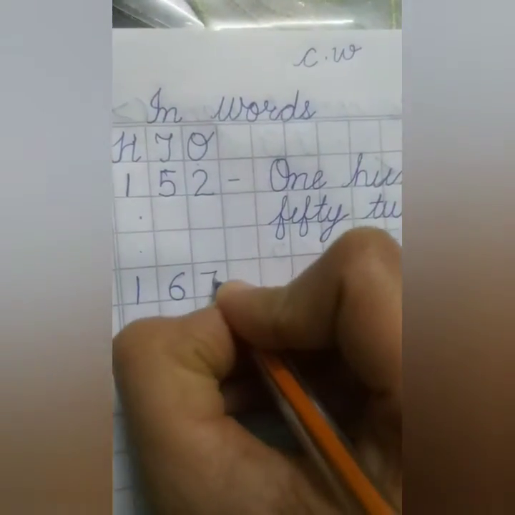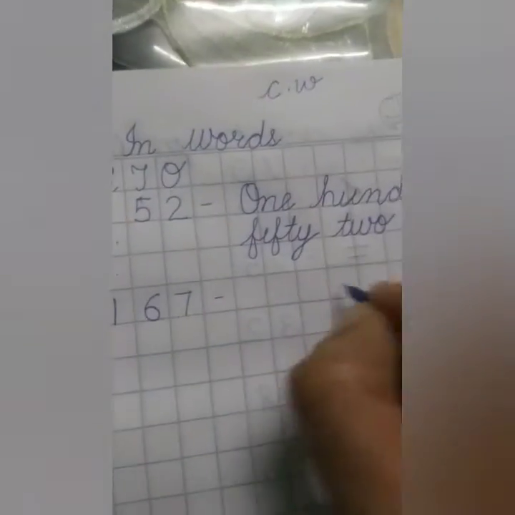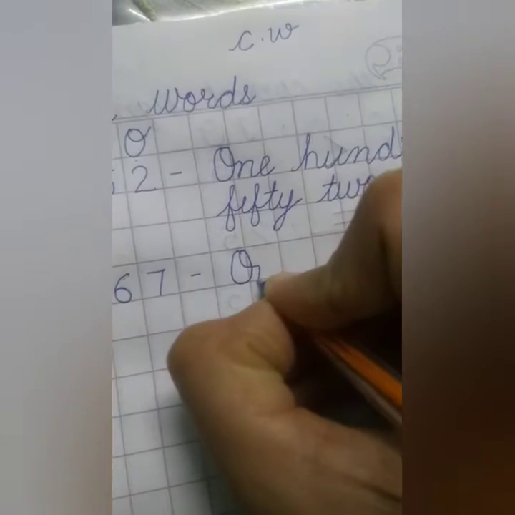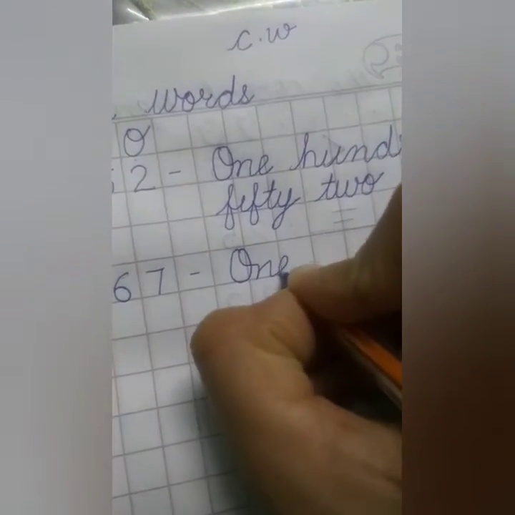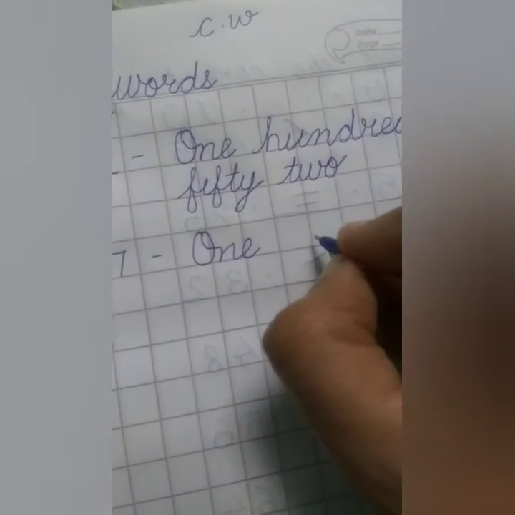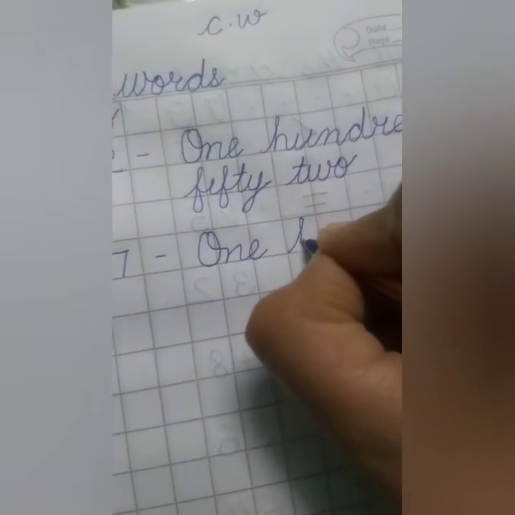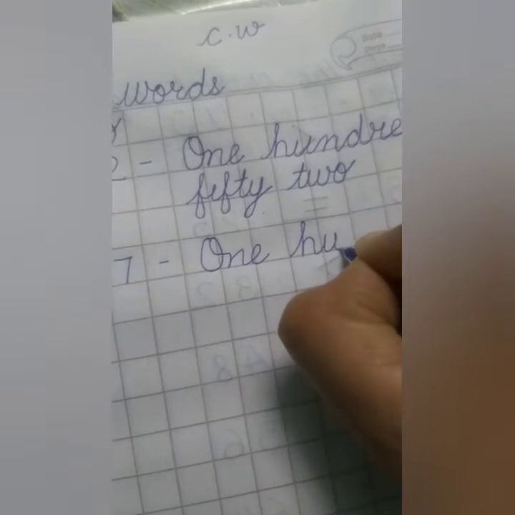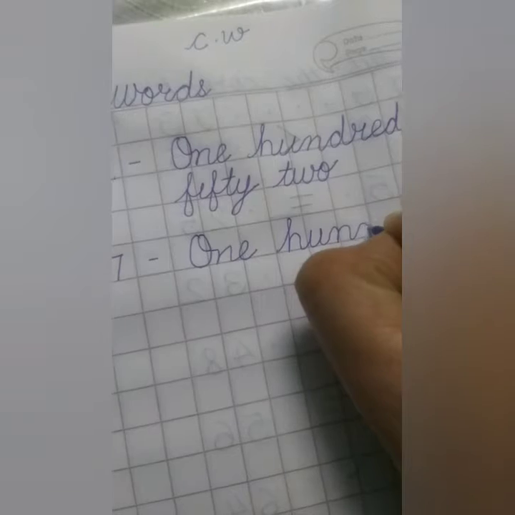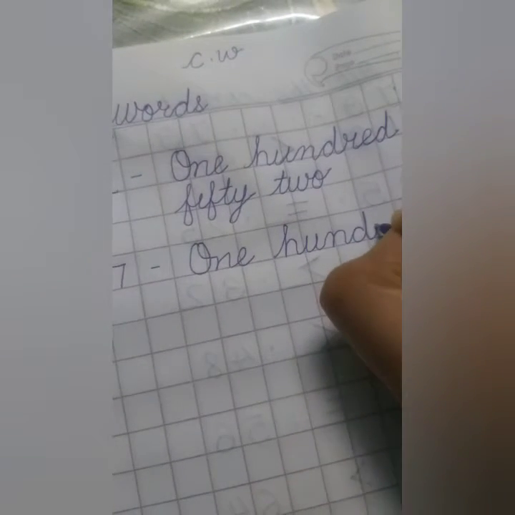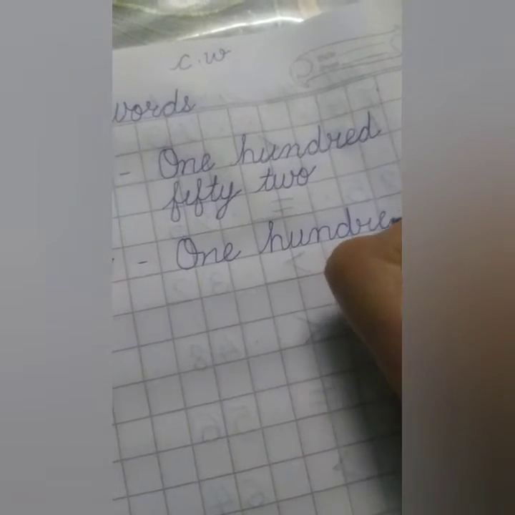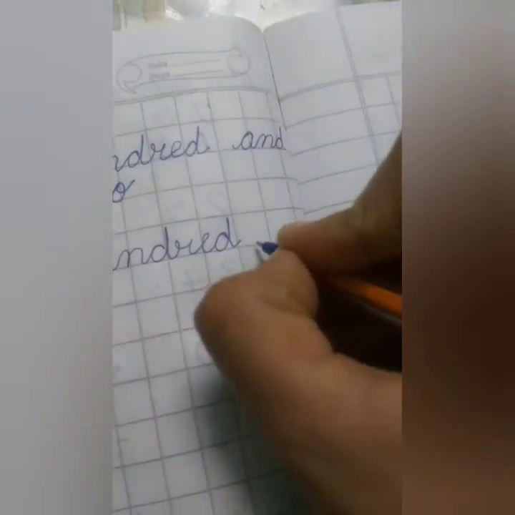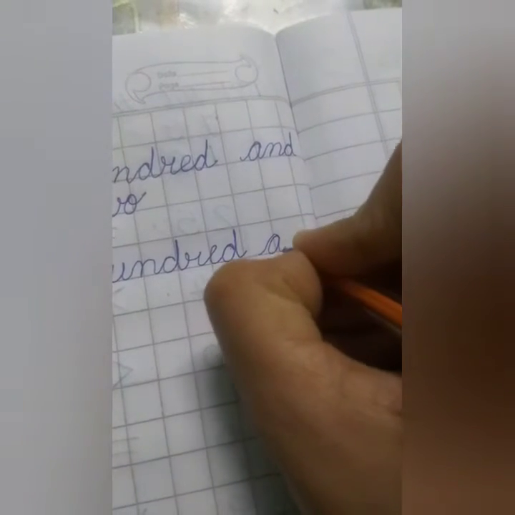167. A small dash. What is the spelling of 1? Say and write: ONE. Take one finger gap and write 100. What is the spelling of 100? HU, children, say with me, NDRED. Take one finger gap and write AND.